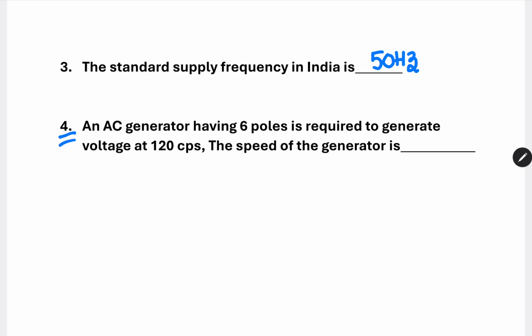An AC generator having 6 poles, so P is equal to 6, is required to generate voltage at 120 cycles per second. So 120 cycles per second is the frequency, F is equal to 120 Hz. And then what is the speed of the generator? Speed N we need to find.